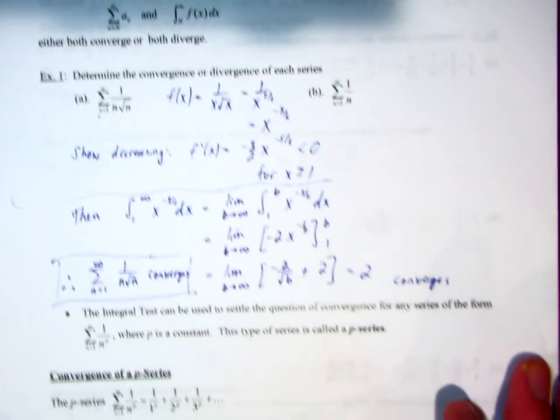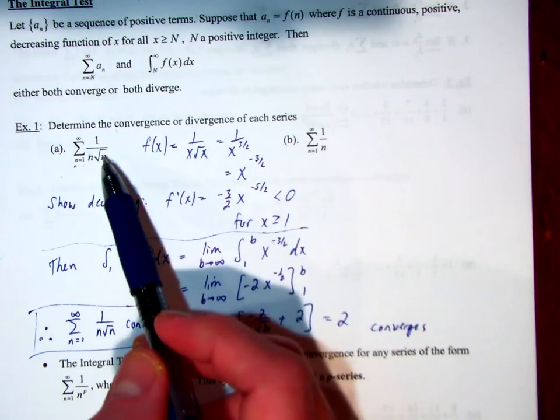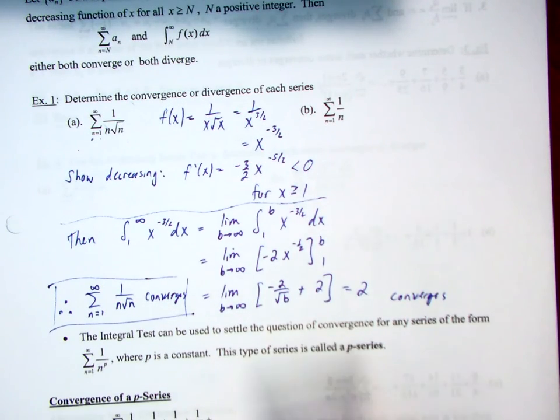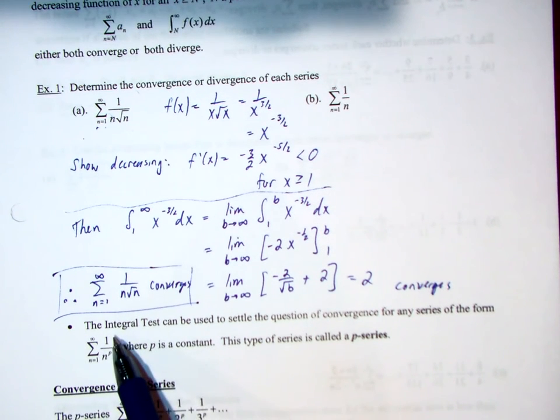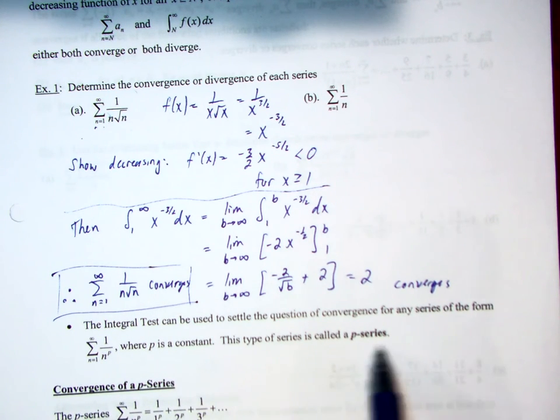All right. Now, the integral test is useful for problems that look like this, where you have a 1 over n to a power. So again, you have a sum of 1 over n to the p, where p is a constant. Anytime we have a sum of a constant, it doesn't have to be 1, any constant, over n to a power, where p is a constant, that's what we call a p-series.